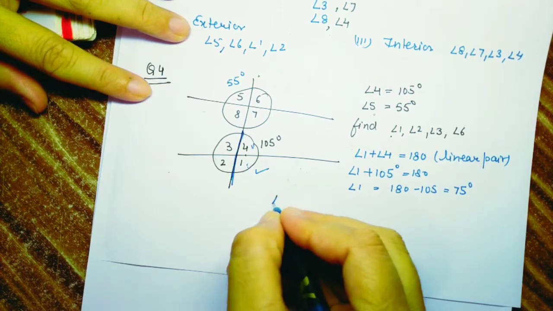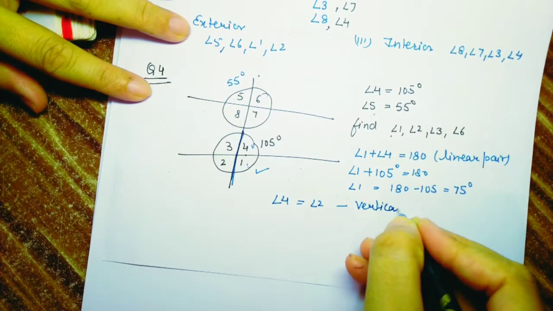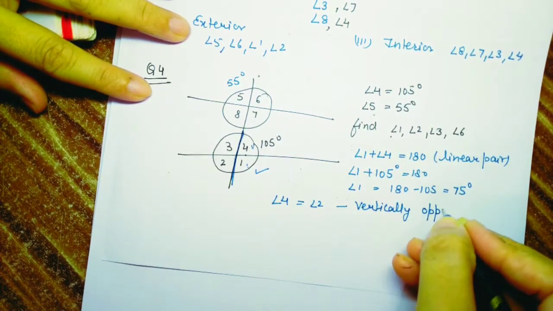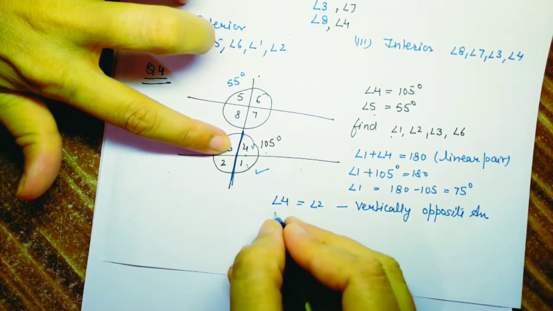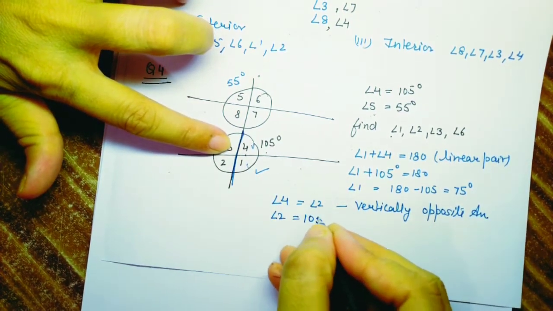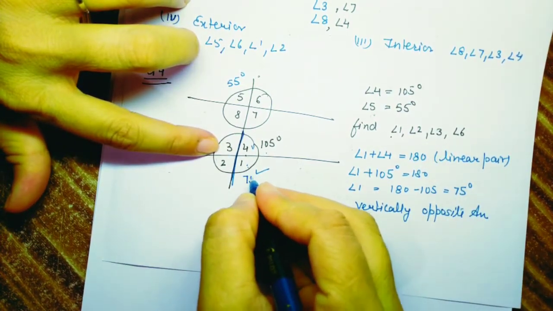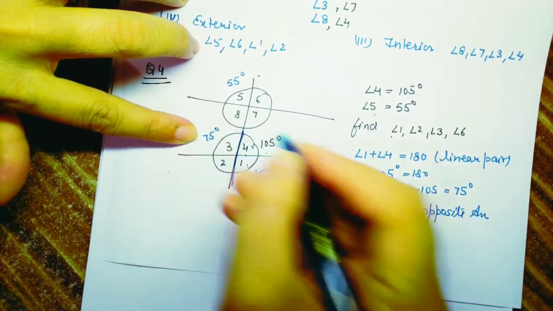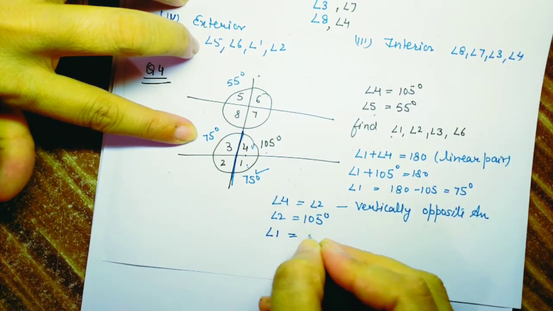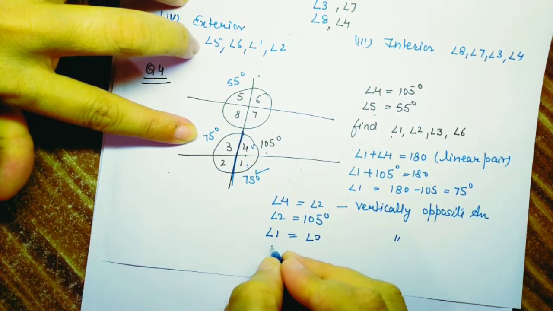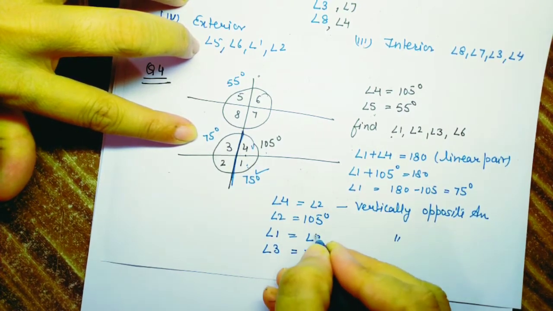Since angle 4 equals angle 2, reason: vertically opposite angles. So if angle 4 is 105, then angle 2 is also 105. Angle 3, here this angle we found is 75 degree, so this one is also 75. Same vertically opposite angle. So angle 1 equals angle 3, same reason. So angle 3 equals 75 degree.